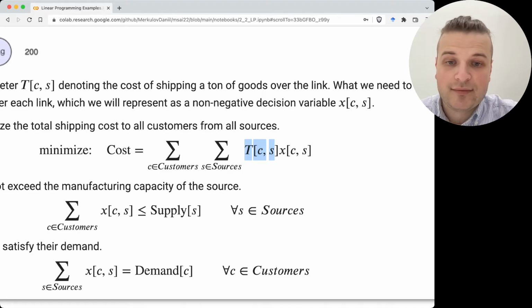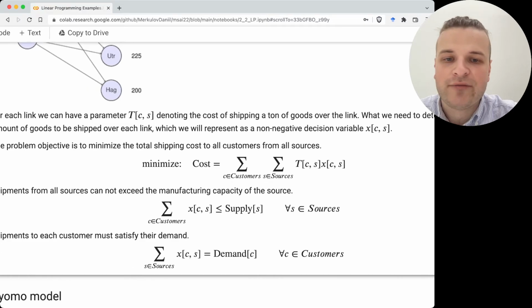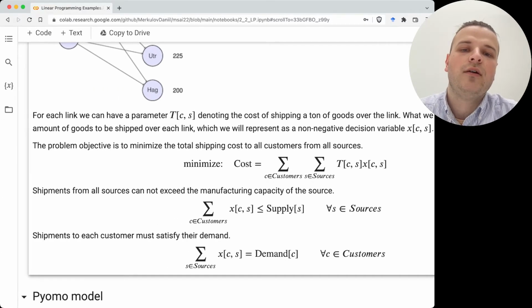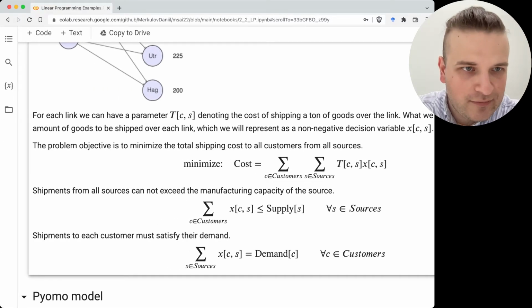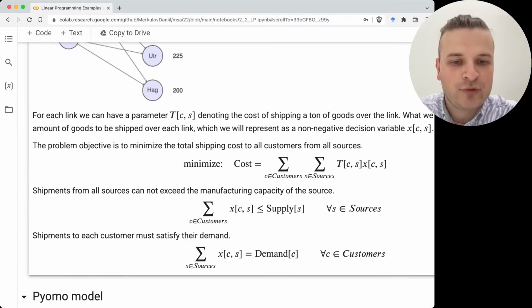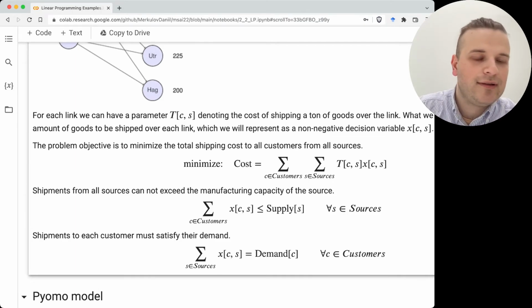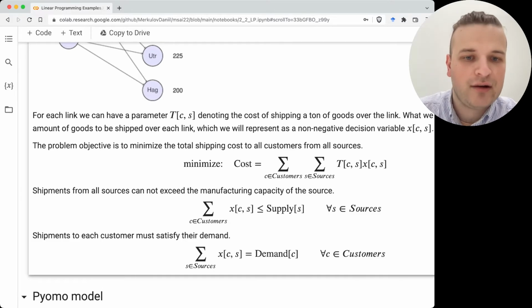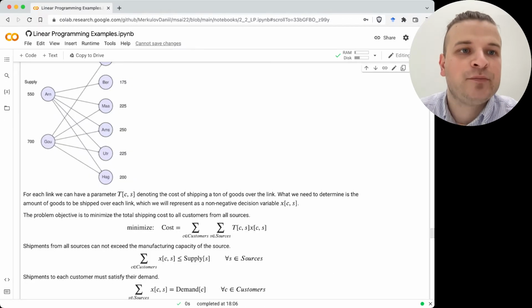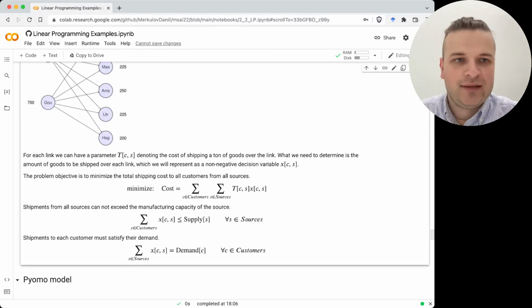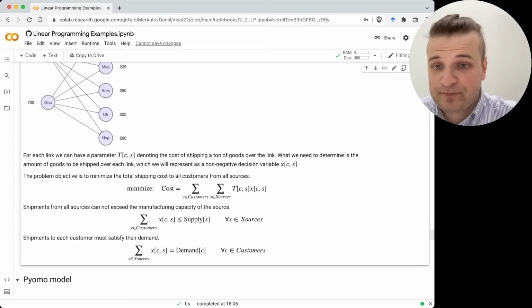What about the restrictions? For each source, the amount of material that this source can produce should not be higher than its limit, right? So we cannot produce more than our capacities.